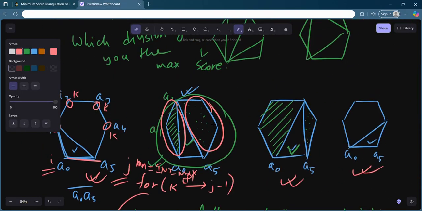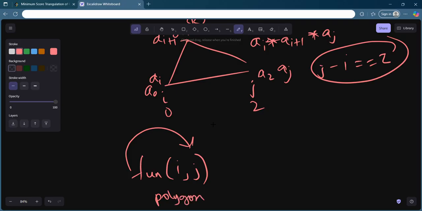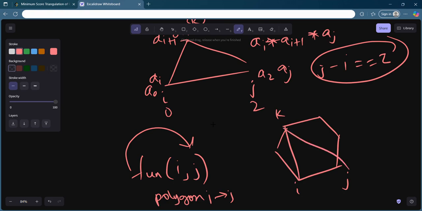Now comes the thing you need to minimize. So this is a triangle. I am calling this function with I and j when I want to traverse from I to j and consider all of those possibilities, when I consider the polygon from I to j. But as I am dividing at k, let me draw it once again. Let's say this is I, this is j, and this is k somewhere lying in between.